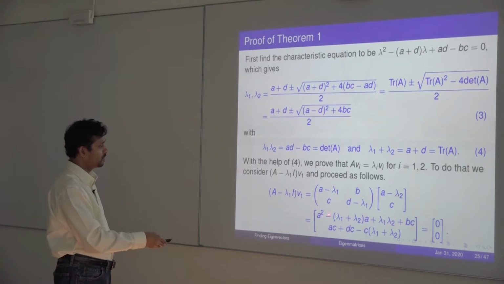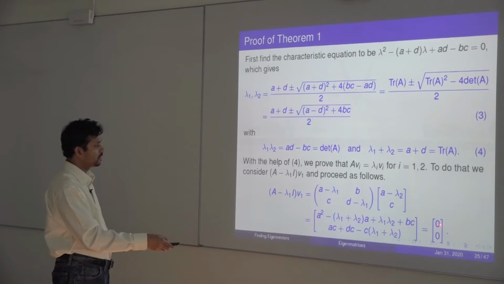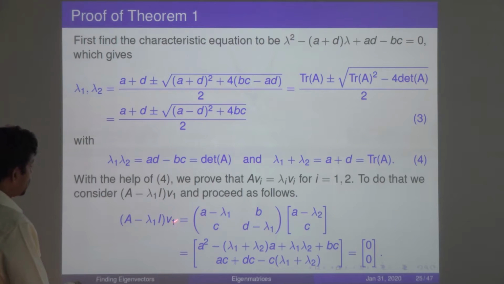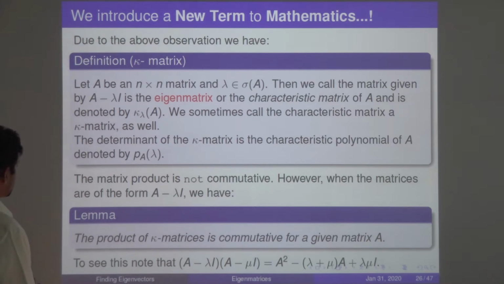Once you plug that in, you can see it simplifies very well, and you get 0. Also, if you substitute lambda 1 plus lambda 2 as A plus D, it simplifies and gets 0. So that means it works, because we need to check whether multiplying with a vector gives 0. Yes, you get 0. Also this is not equal to 0, we assume that. So that means, yes, this is an eigenvector. This is a proof for the 2x2 case.